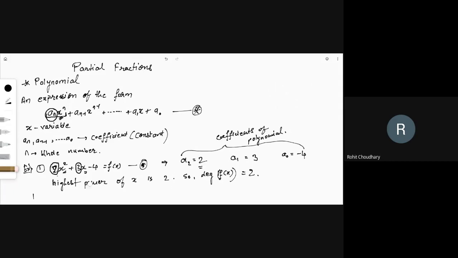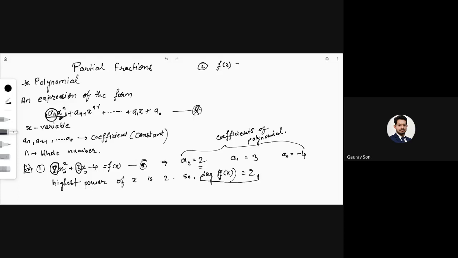The highest power of x is 2. Whatever is the highest power of your variable, it is called the degree of the polynomial. So in this case, the highest power of the variable is 2, so the degree of f of x is 2. In the second example, you will understand it better.